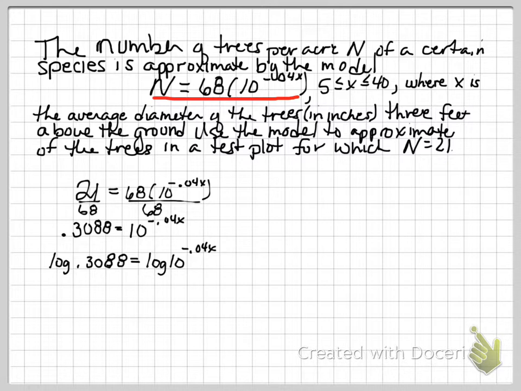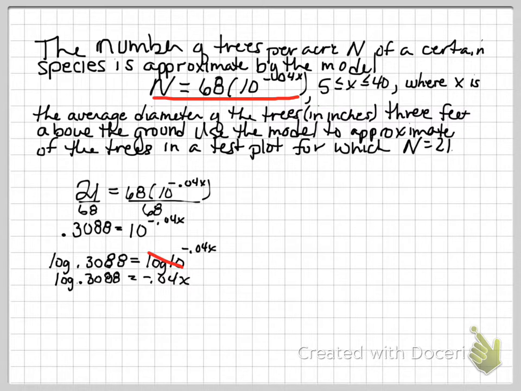Okay. Again, the log and the 10 are going to cancel. And now I'm left with the log of 0.3088 equals negative 0.04x.